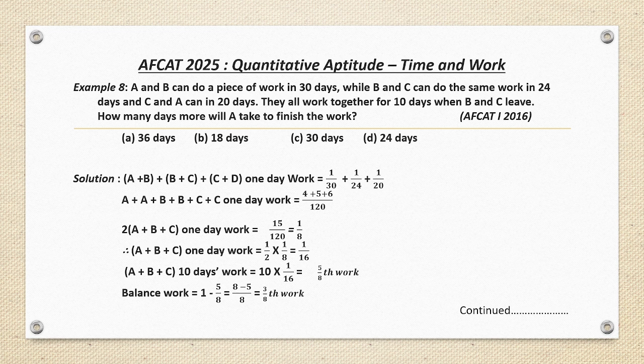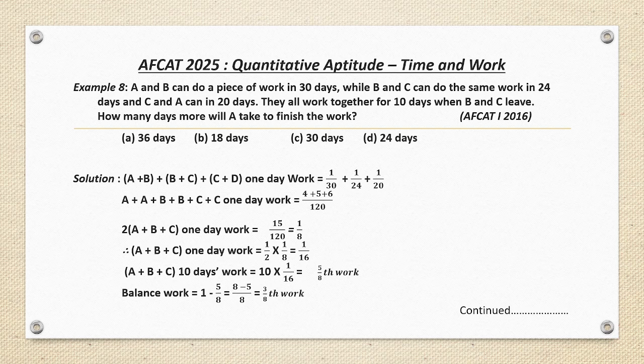So that is 2A plus 2B plus 2C is equal to 1 by 8. So A plus B plus C is equal to 1 by 8 into 1 by 2. We are doing cross multiplication. So that is 1 by 16. So A plus B plus C's 1 day of work is 1 by 16th.